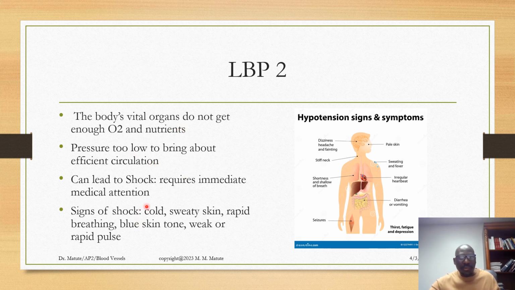So we have different scenarios that can happen with that. You could check details in the PowerPoint. These are some of the signs of circulatory shock right here: cold, sweaty skin, rapid breathing, blue skin tone, weak or rapid pulse, etc.